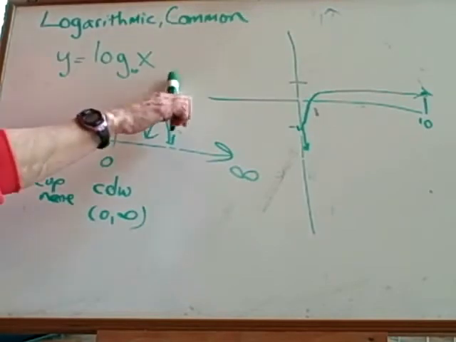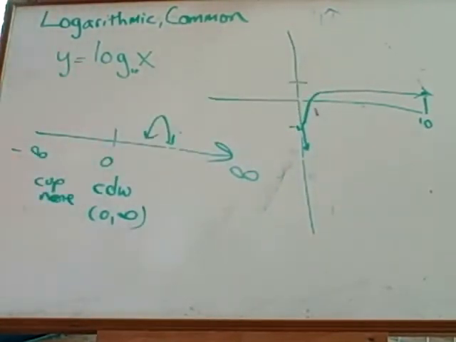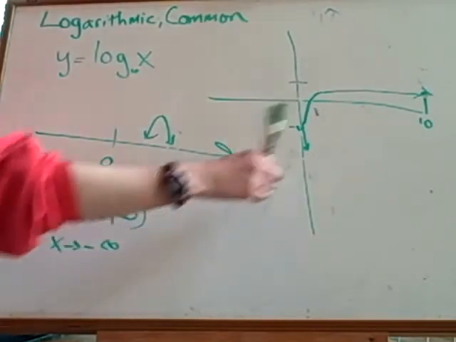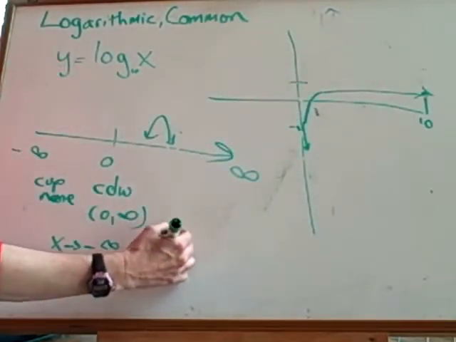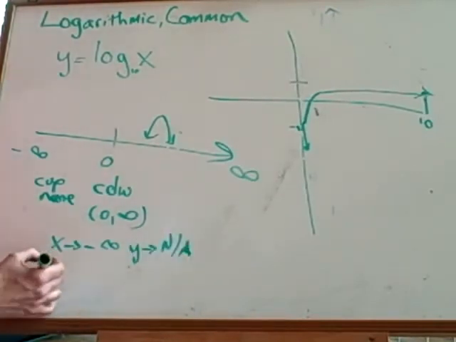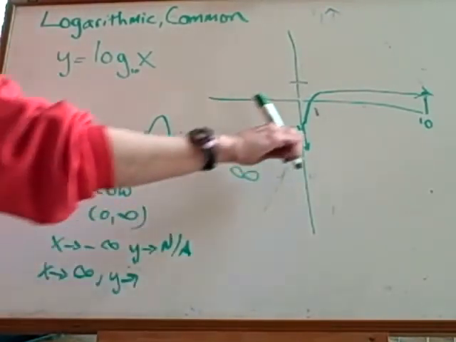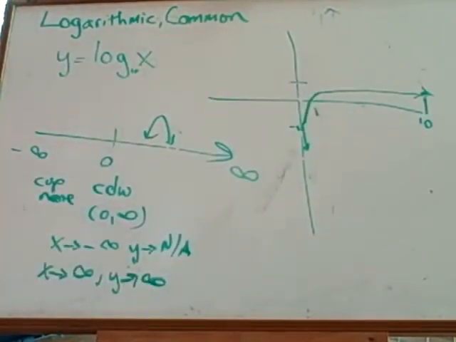It goes from having no part of the graph at all to being concave down. That's not a change in concavity. As x approaches negative infinity, what's happening to y here? There's no y, so it's non-applicable. As x approaches positive infinity, what is happening to my y? Y is approaching infinity. That is correct.